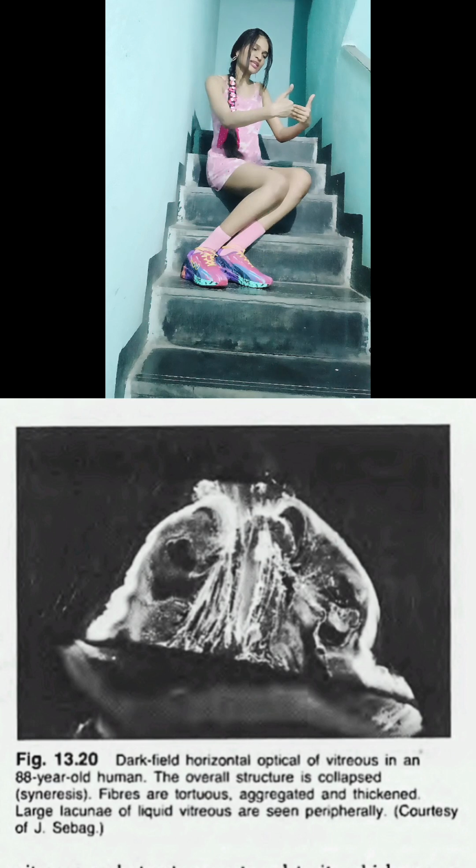The posterior hyaloid face that is detached from the internal limiting membrane comes anteriorly, and the liquid central vitreous seeps through that hole posteriorly. Okay, so that was all about the vitreous anatomy and age-related changes in the vitreous.